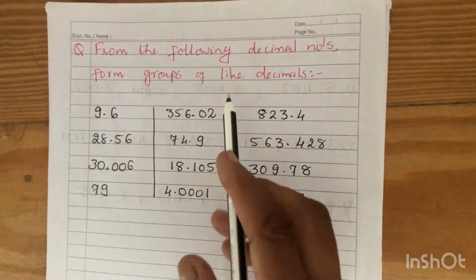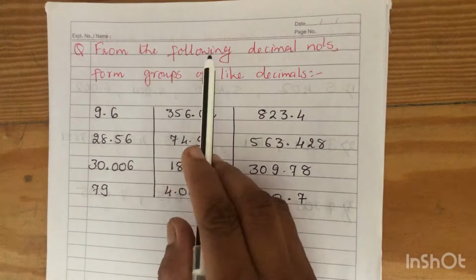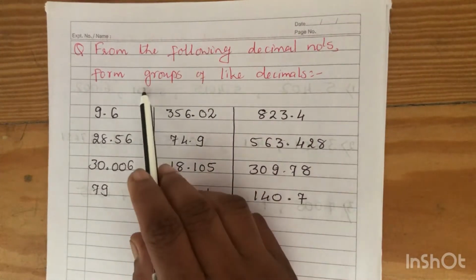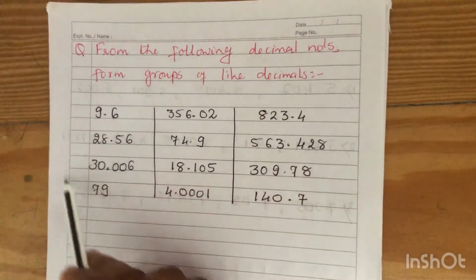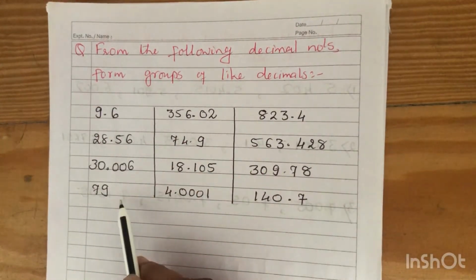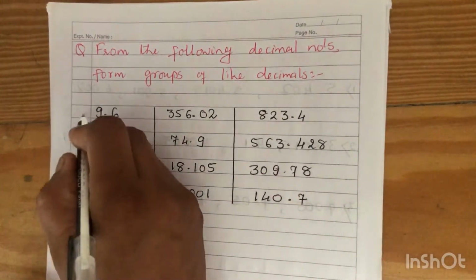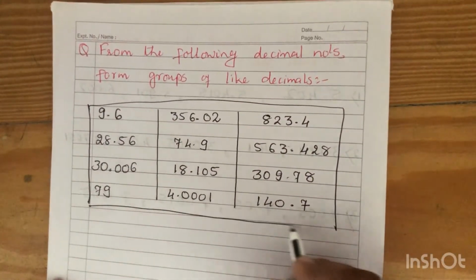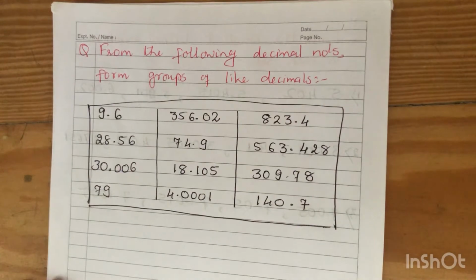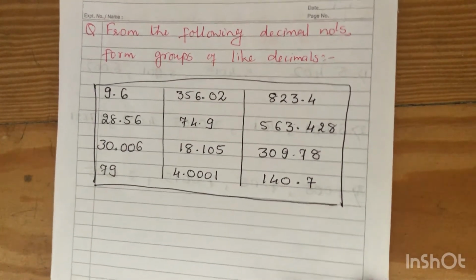Check the question given here. You have to form the groups which are like decimals from the given decimal numbers. Here you can see 12 decimal numbers are given, and you have to group them in like decimals.